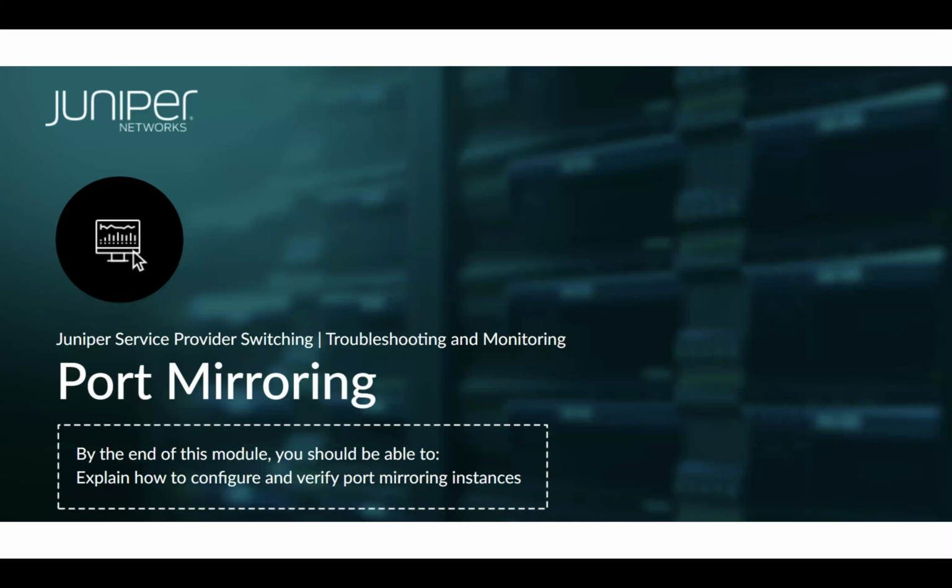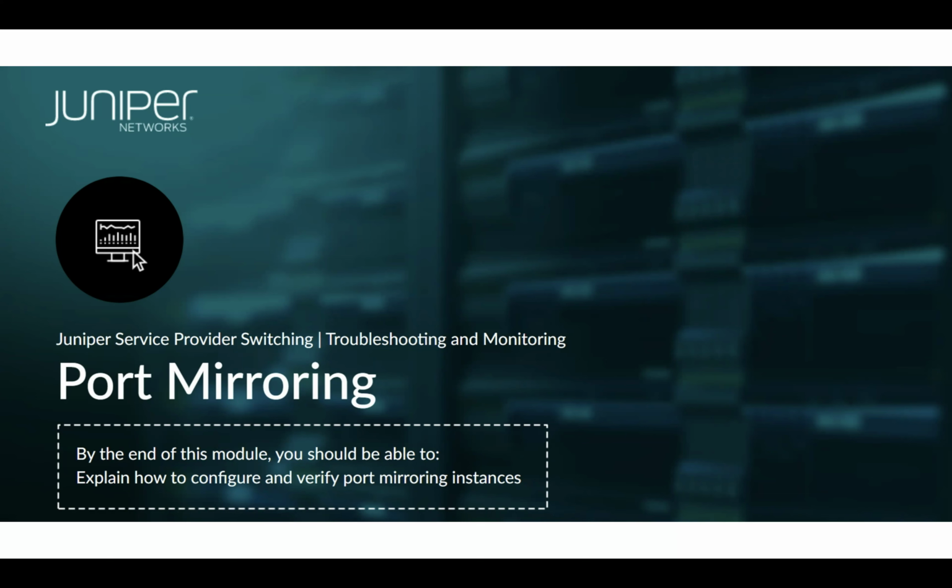Another tool for troubleshooting is port mirroring. Port mirroring means you copy traffic from one interface and send it to another interface connected to your external server. The external server collects the data and analyzes it through external software.